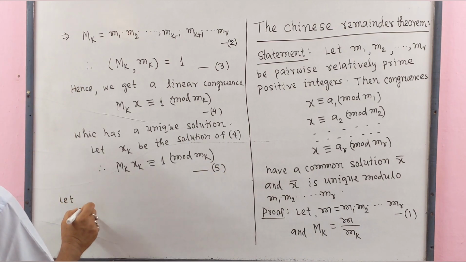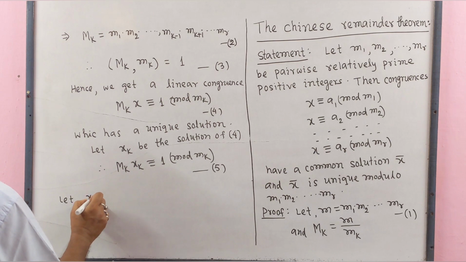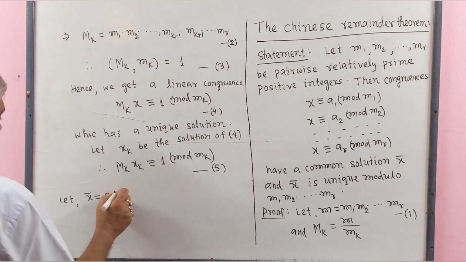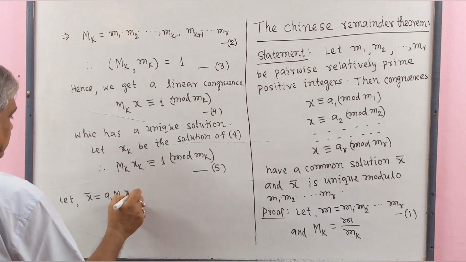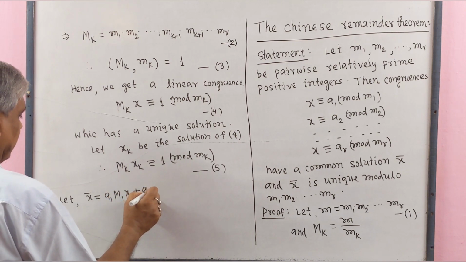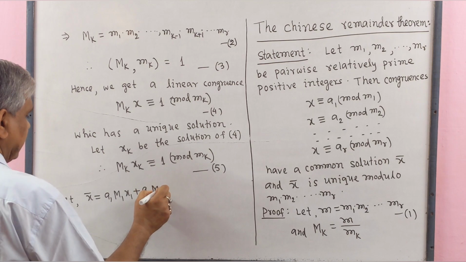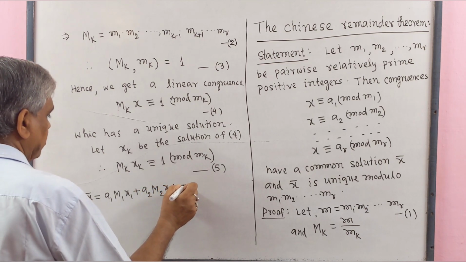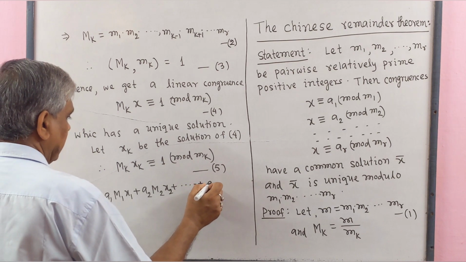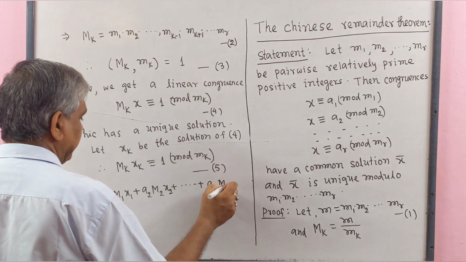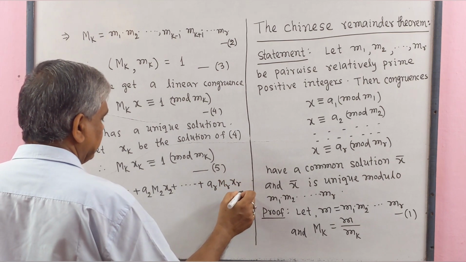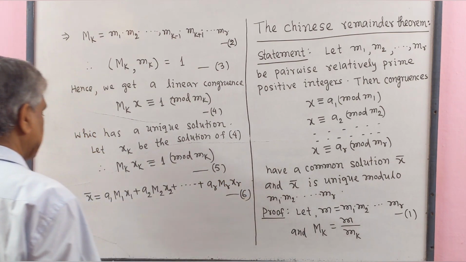Let x bar equal to a1 capital M1 x1 plus a2 capital M2 x2 plus ... ar capital Mr xr. Let this is number 6.